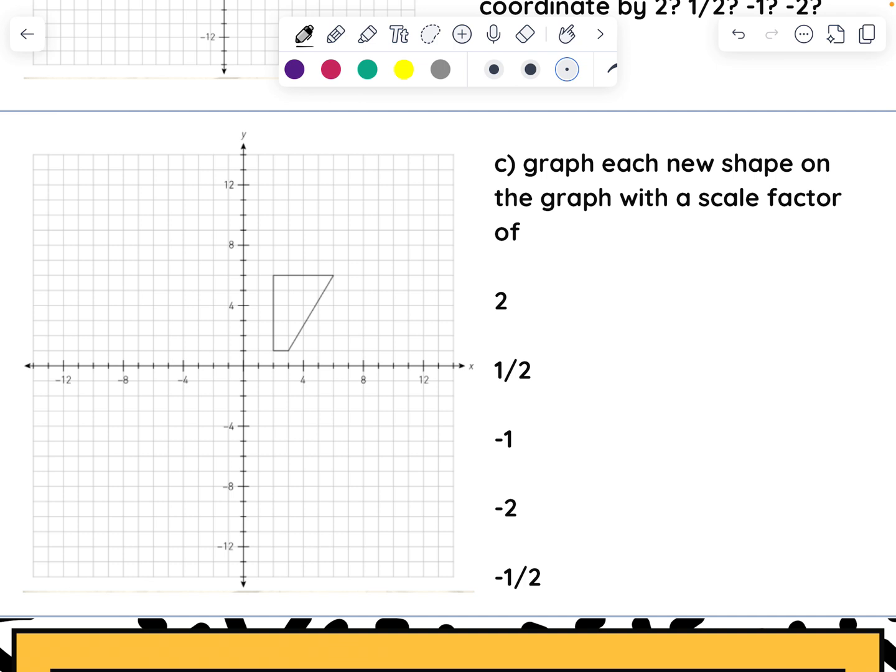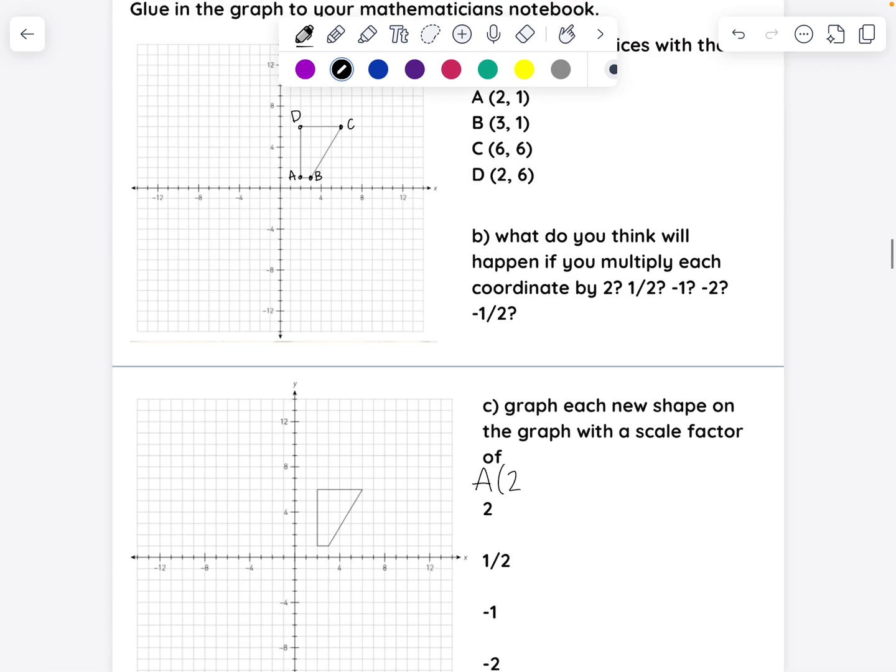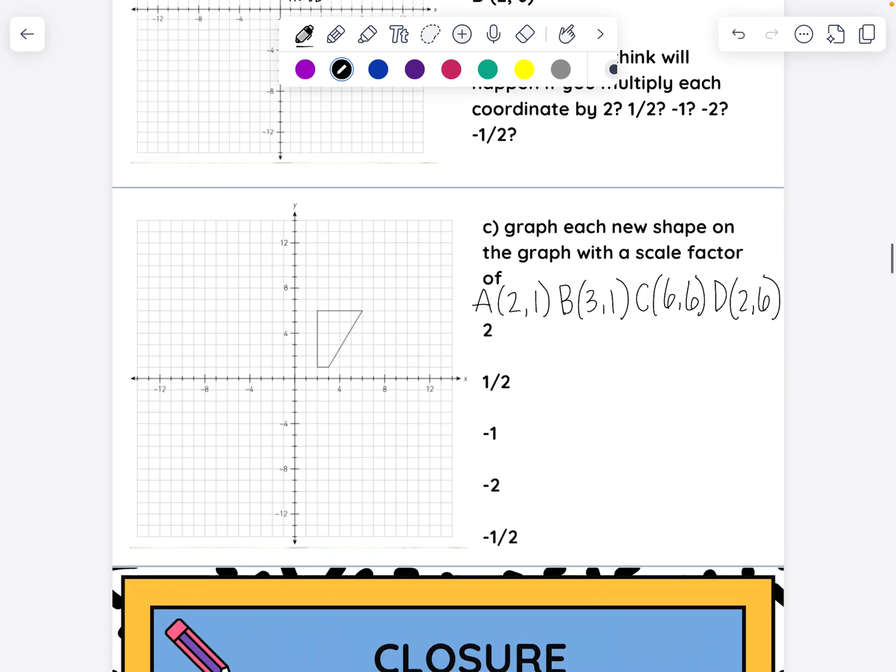We are going to write down the new coordinates of each shape, and then we're going to plot them on a graph. Now, just a reminder, our original shape, A, was at 2, 1. B was at 3, 1, C was at 6, 6, and D was at 2, 6.